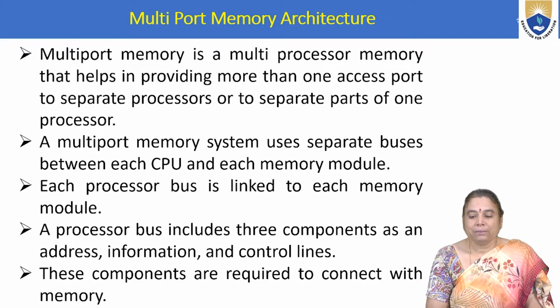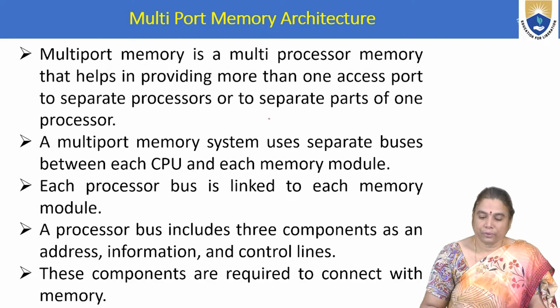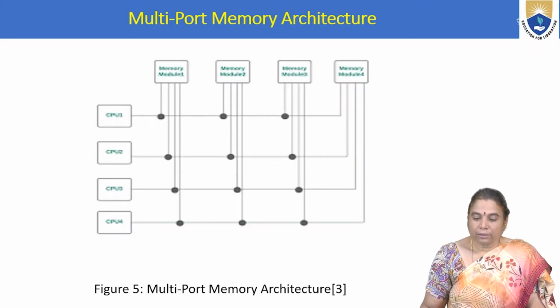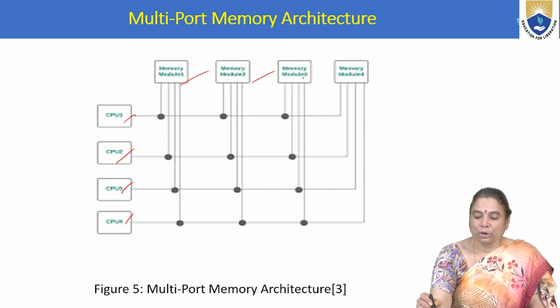Multi-port memory is a multiple processor memory that helps in providing more than one access port to separate processors or to separate parts of one processor. So here this is the multi-port architecture. These ports are the CPUs. Multiple CPUs can be connected to the multiple memory modules.